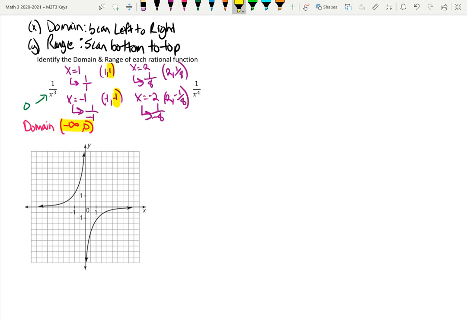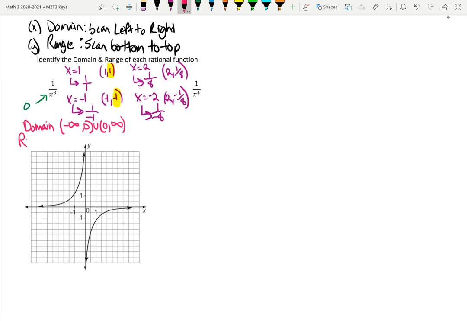From left to right, all of the negative numbers work up to 0, not including 0 because it has the parenthesis. Then it's going to skip over 0, still not touching, but then include all of the positive numbers from 0 to infinity. The only number that does not work for the x's is 0.